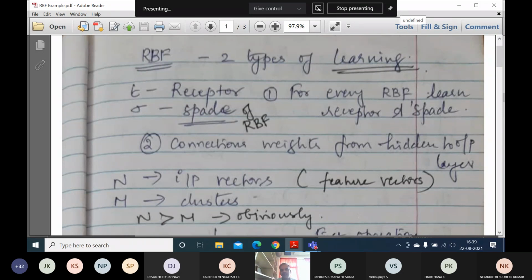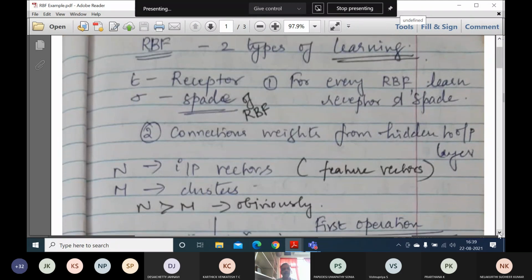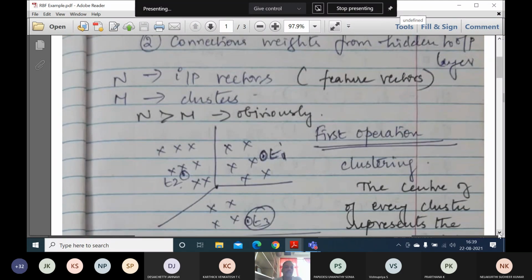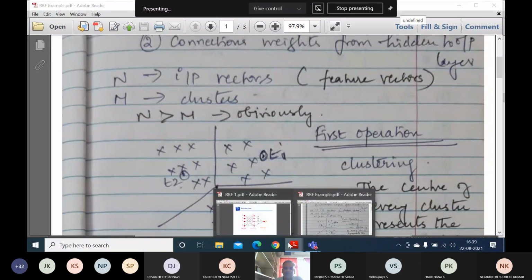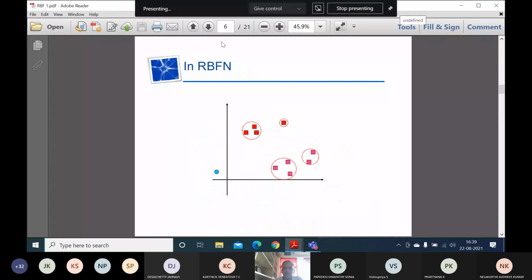If you consider there are M clusters, I need to group into various clusters. I have both boys and girls. Again, in boys, I have one cluster or multiple clusters, and in girls, one cluster or multiple clusters.